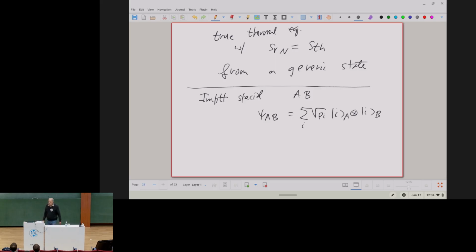The generic canonical form of a pure state of a bipartite system is not a tensor product, but a sum of tensor products where we can consider the states |i_A> to be orthonormal, and likewise |i_B>. They're orthonormal states of the systems A and B. They may not be complete bases because there may not be enough of them, but we can assume they're orthonormal. Any bipartite state has a representation like this.